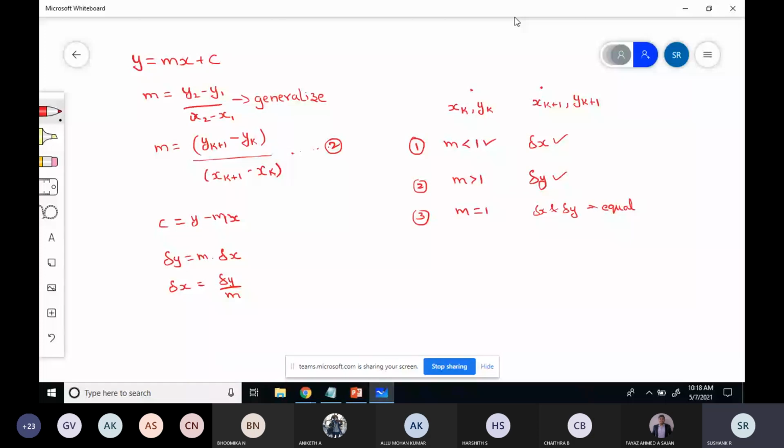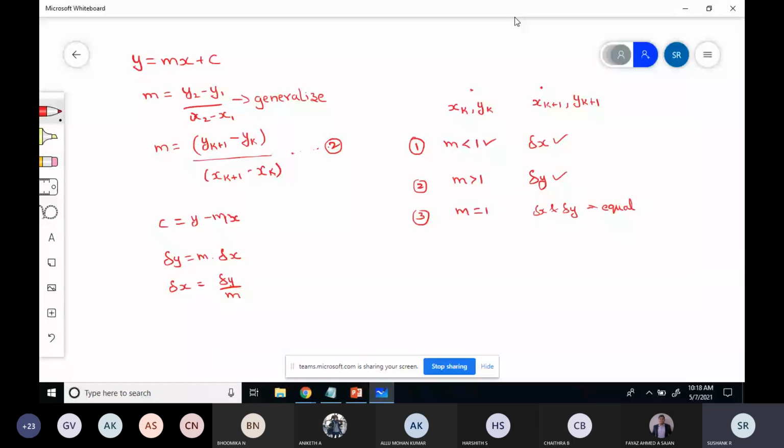If m is greater than 1, you set delta y such that it will be proportional to delta x. If m is equal to 1, both horizontal deflection and vertical deflection voltages will be equal. So this is regarding the line drawing algorithm.